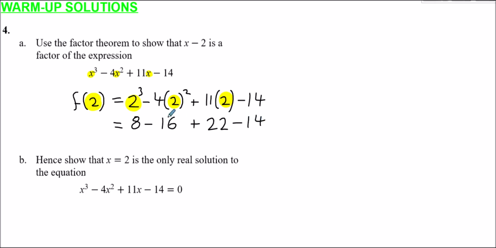So if we just calculate this, 8 take 16 is minus 8, plus 22 is 14, then 14 minus 14 is 0. So f of 2 equals 0. Therefore, what that tells us is that x minus 2 is a factor of this expression, x cubed minus 4x squared plus 11x minus 14.